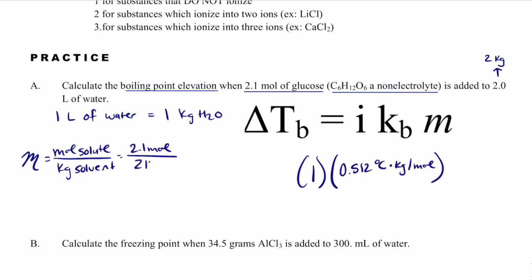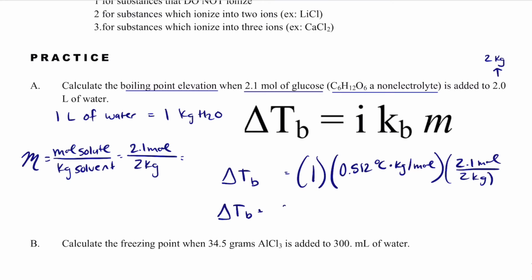That is 2 kilograms. And so I get a number, but what I can also do is just plug in 2.1 moles divided by 2 kilograms. And that equals the change in boiling point. So my change in boiling point is 1 times 0.512 times 2.1 divided by 2.